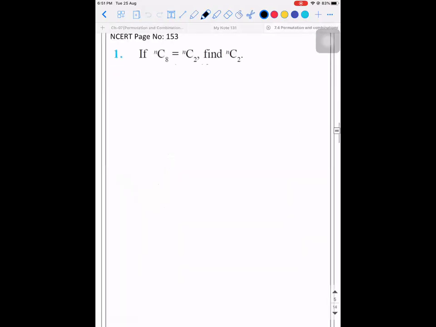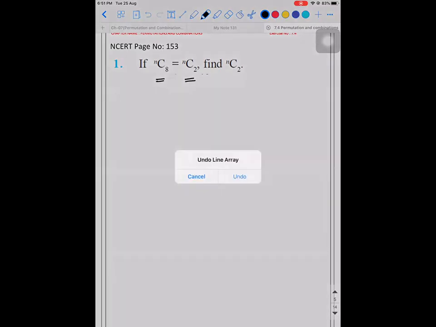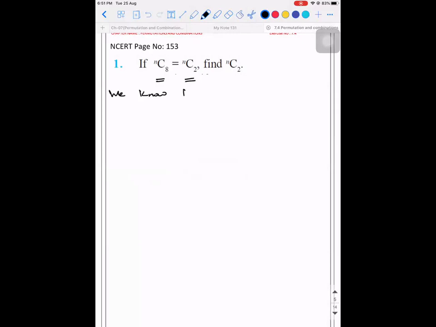Now, Harshita, can you tell me: nC8 is equal to nC2. Right? Yes, sir. We know that nCr is equal to nC(n minus r), the fourth property. So when I write it like this, can I write nC8 as nC(n minus 2)?